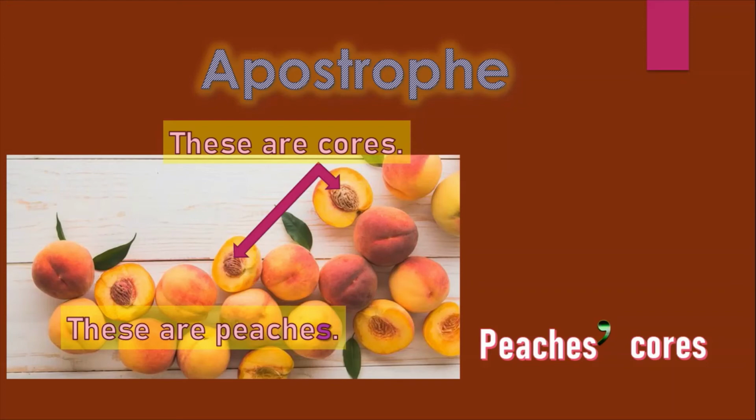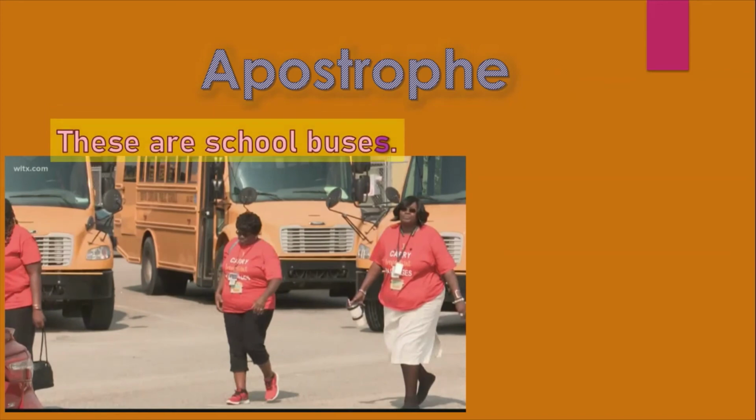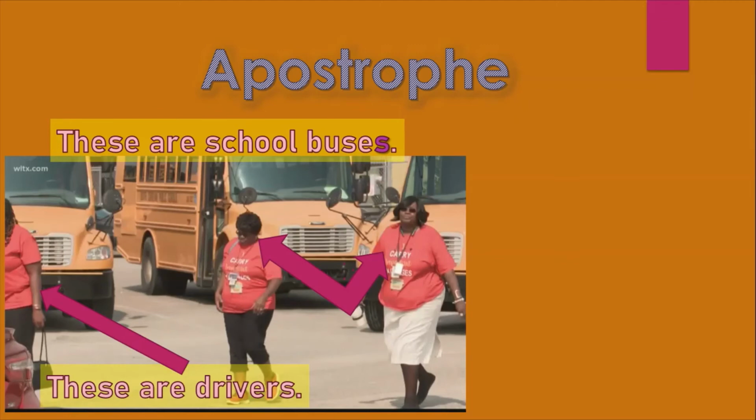Let's go ahead and look at another example. Here we go. Remember, no apostrophe S, only apostrophe. That's it. So look at my school buses, right? These are school buses and these are drivers, right? So buses, drivers, buses end with an S, right?